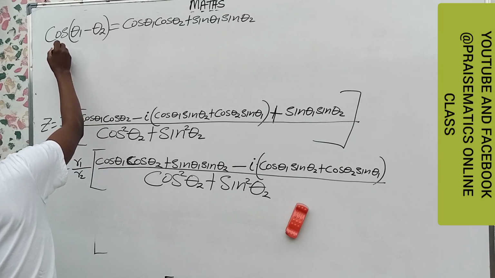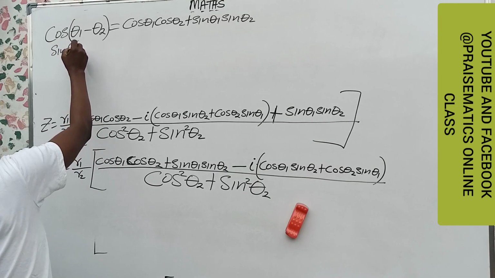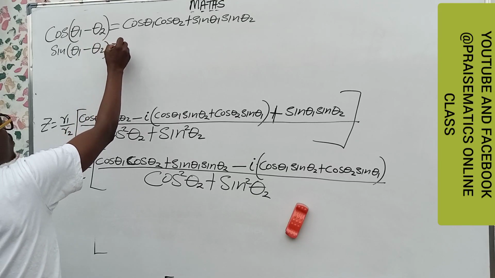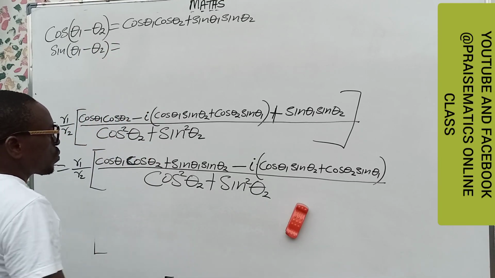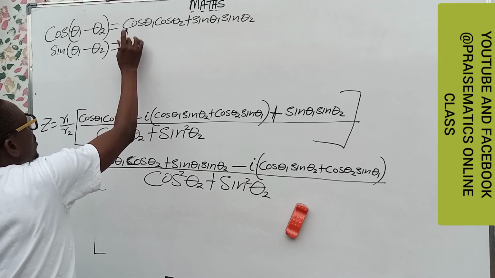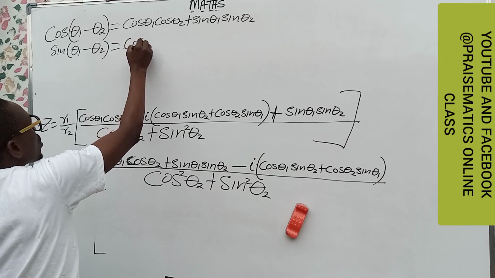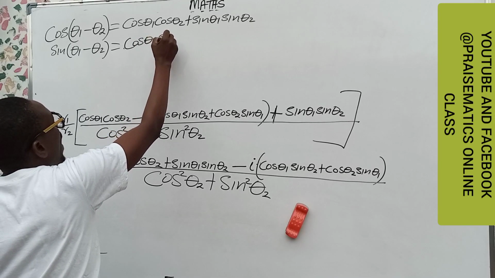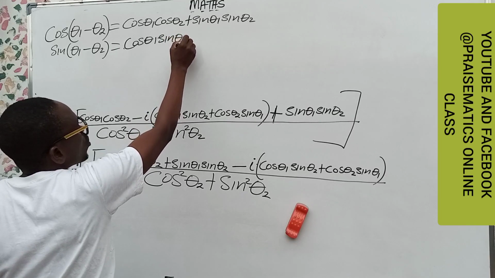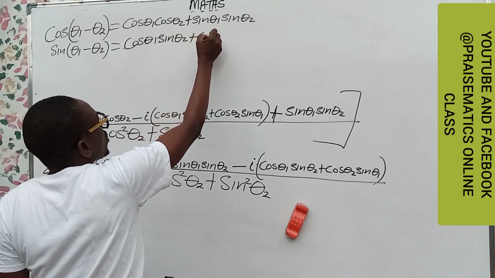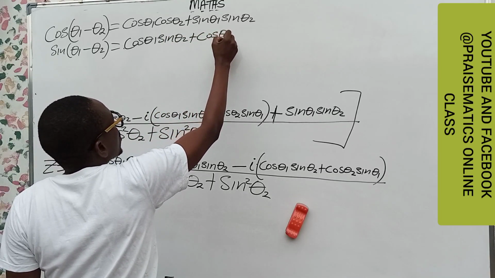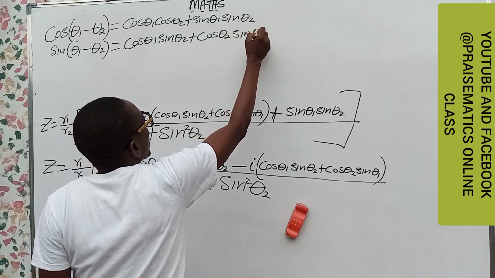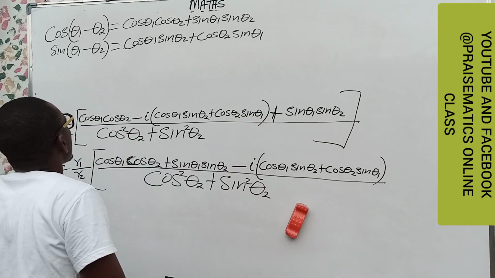And another one says sine of theta 1 minus theta 2 equals cos theta 1 sine theta 2 plus cos theta 2 sine theta 1. And that is it.